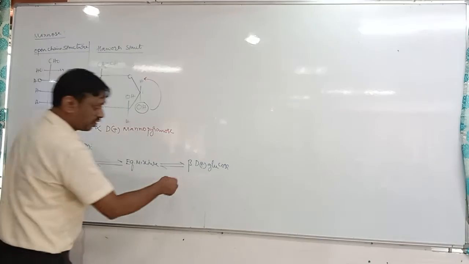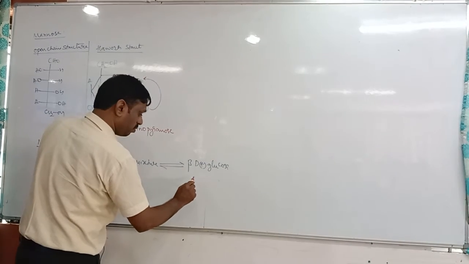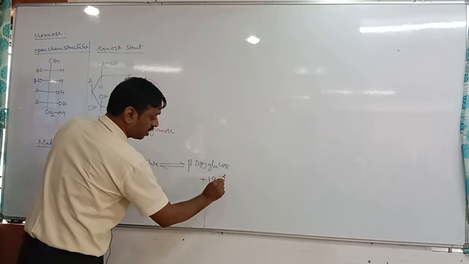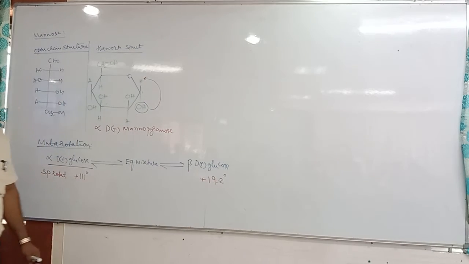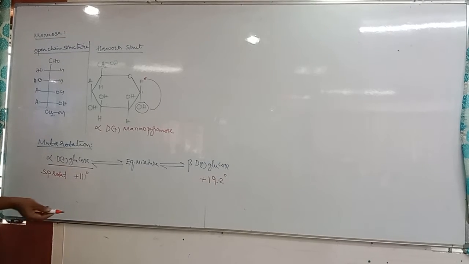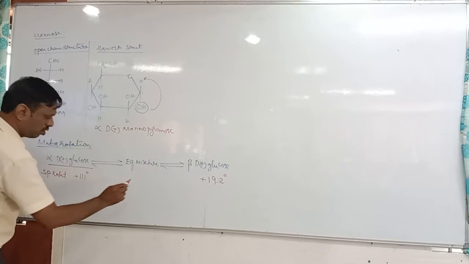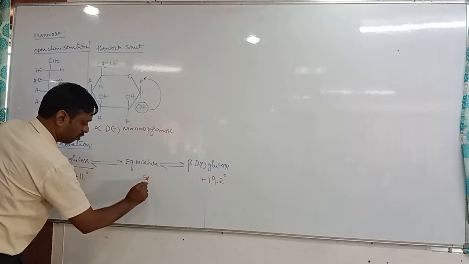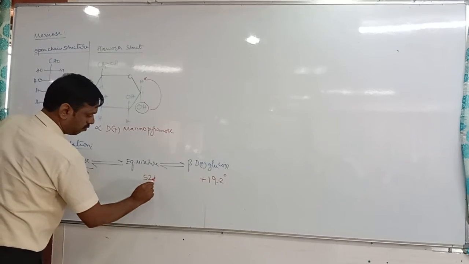And the beta form can rotate plane polarized light by plus 19.2 degrees. Both rotate clockwise, plus. Then the equilibrium mixture, which has both, has an approximate specific rotation of 52.5.